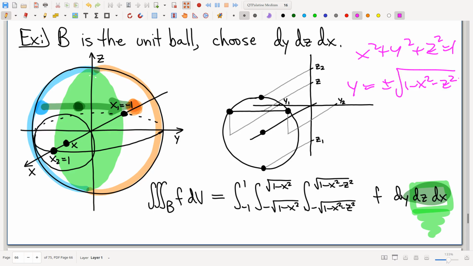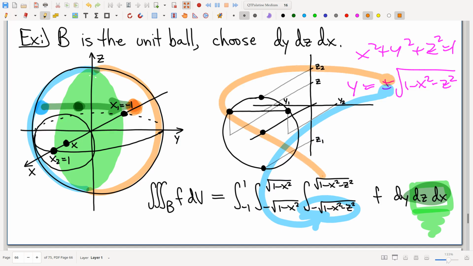Well, you look at the picture, and I can see from the picture the starting value for y is clearly going to be a negative value of y. And so we pick negative for the lower bound for y, and then likewise, pretty clear from the picture, that upper bound for y is going to be on the right hemisphere, which has positive values of y. And so that's the upper bound.